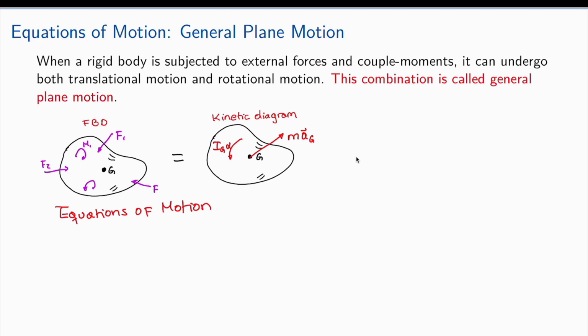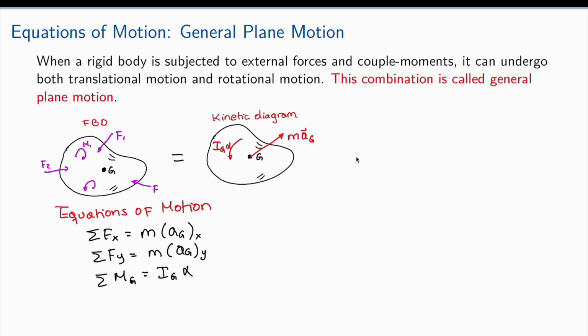So we have the sum of the forces in x equal to mass multiplied by the acceleration of the center of mass in the x direction. The sum of the forces in y equal to the mass multiplied by the acceleration of the center of mass in the y direction. And we have the sum of the moments around G, which is equal to the moment of inertia multiplied by the angular acceleration.